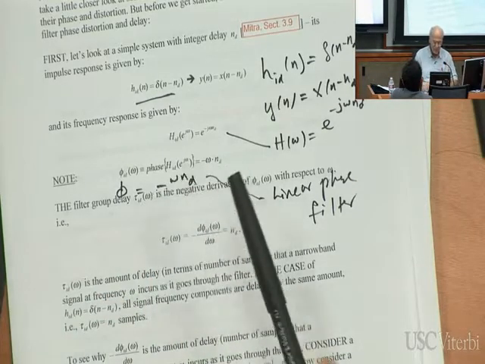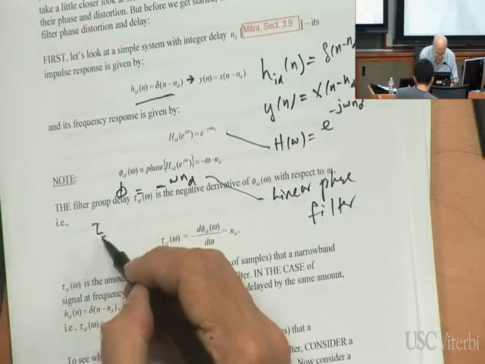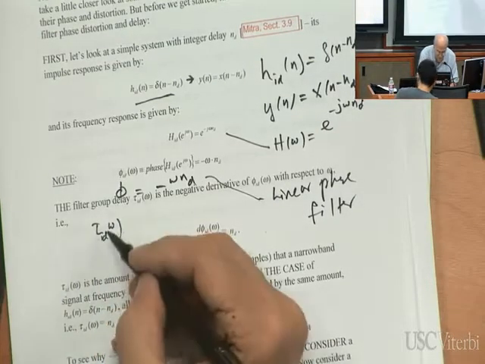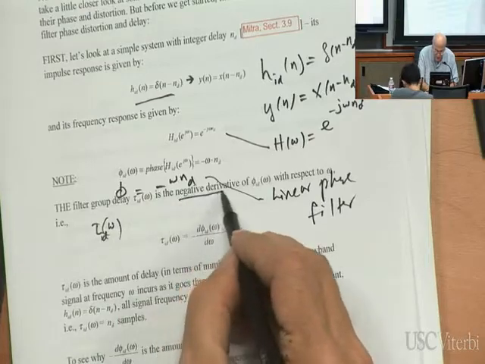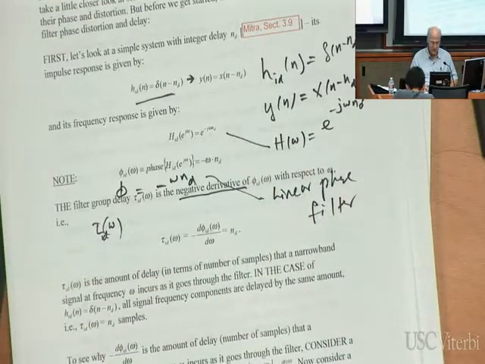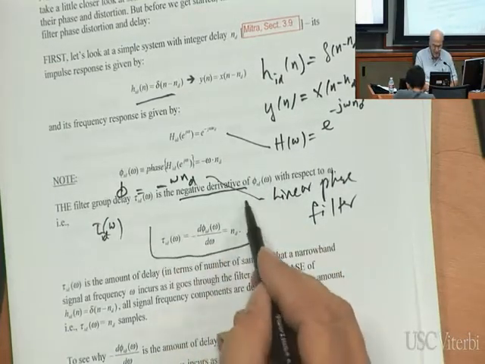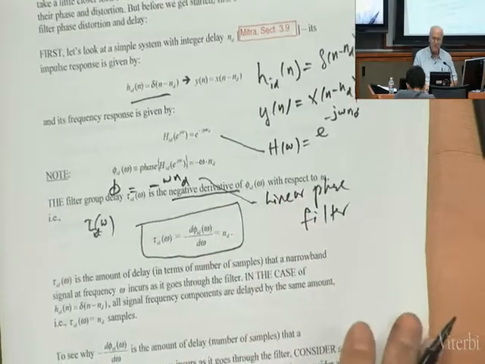The filter group delay, I call that tau_gd of omega, is the negative derivative of phi_id of omega.